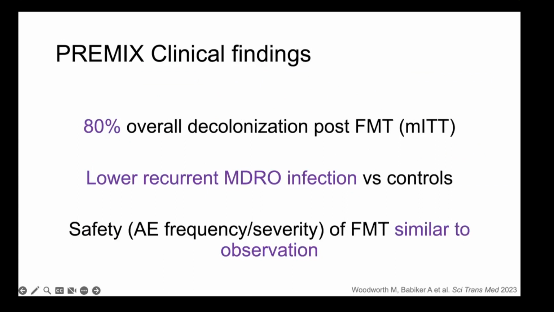And there was a similar safety profile to those that received the enema. Unfortunately, as you saw in the previous slide, the number is small because the trial got started and then COVID happened in the middle of the trial, and so the trial had to be aborted because of the pandemic.